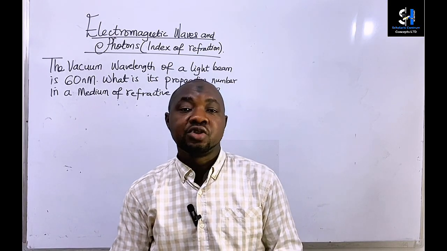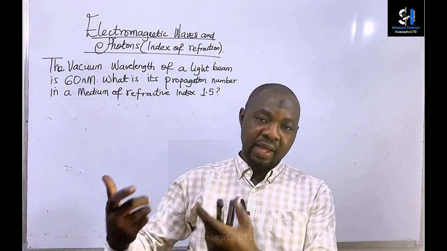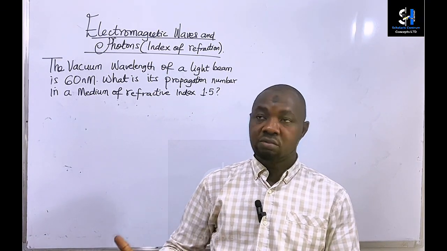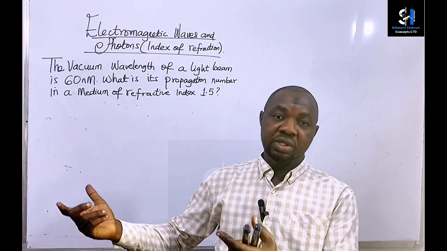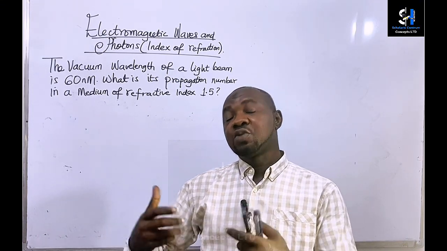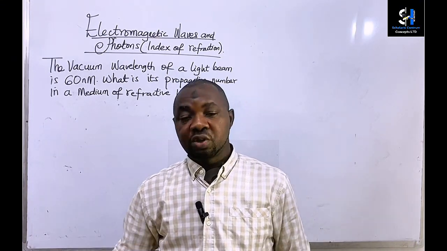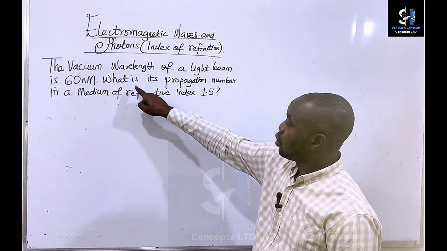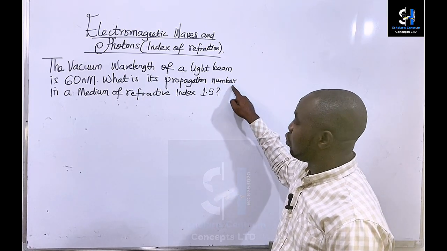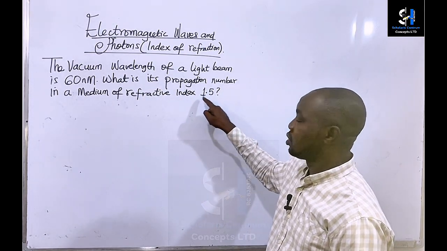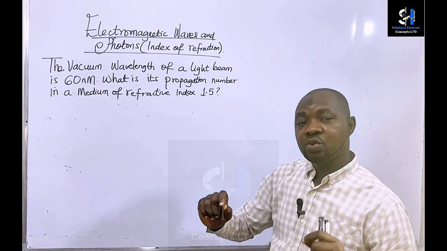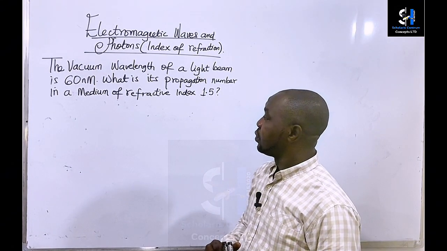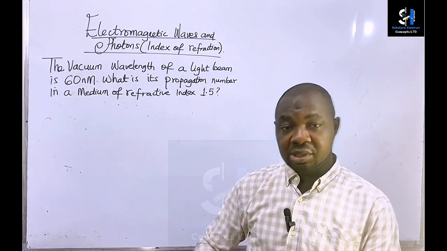Index of refraction measures the wavelength of light in air with respect to the wavelength of light in a material medium, or in terms of speed, the speed of light in air with respect to the speed of light in a material medium. But because we want to calculate the propagation number in a medium of refractive index 1.5, the first thing we need to do is to calculate the wavelength in the material medium.